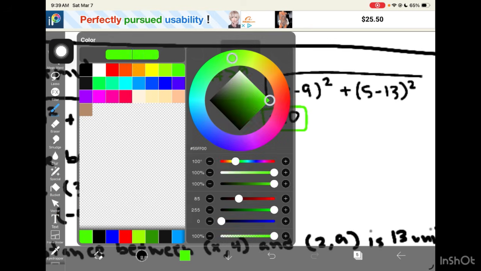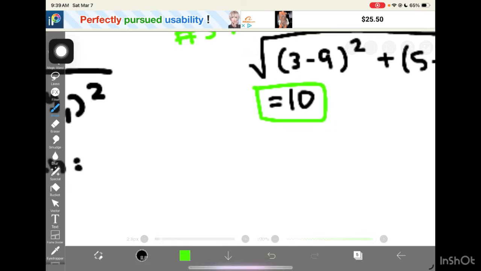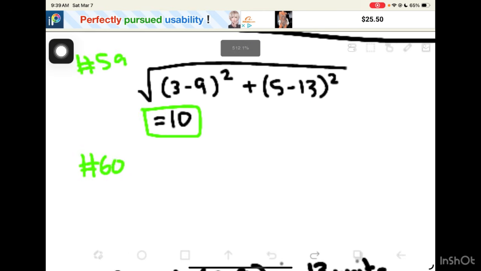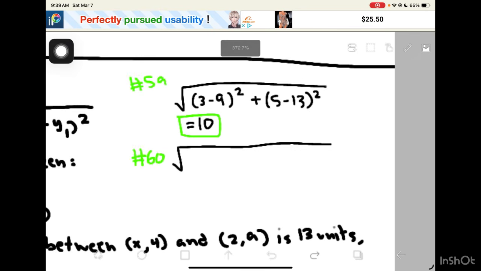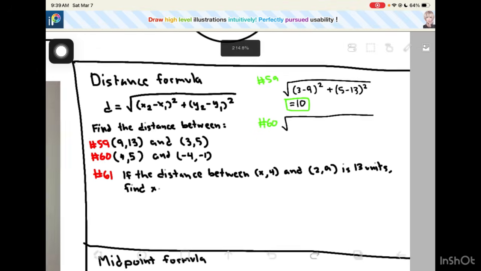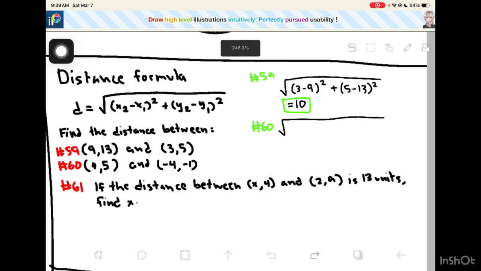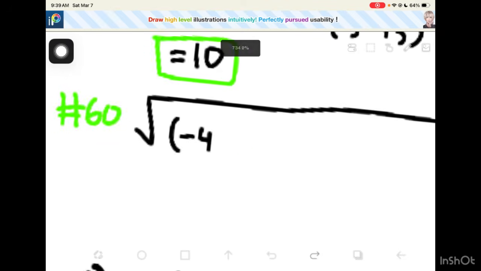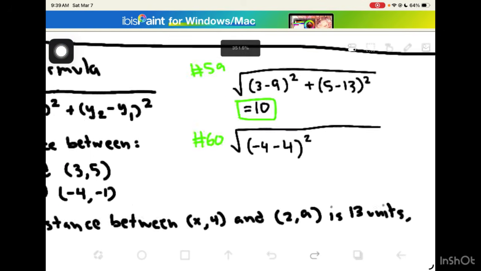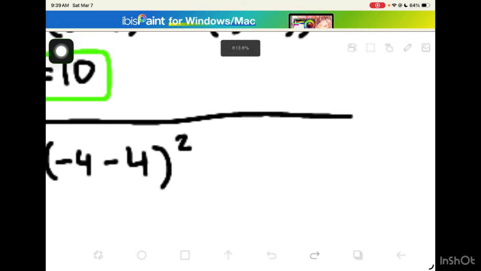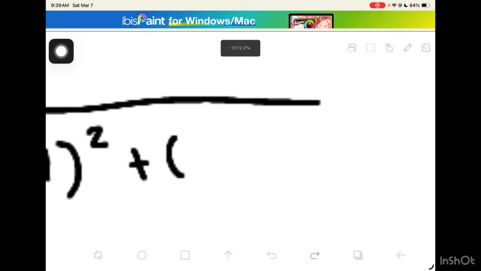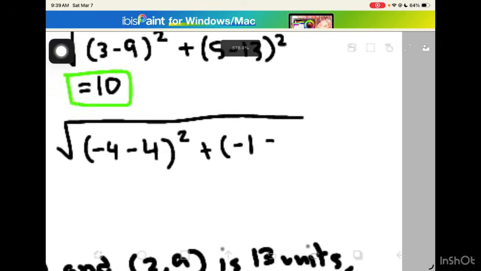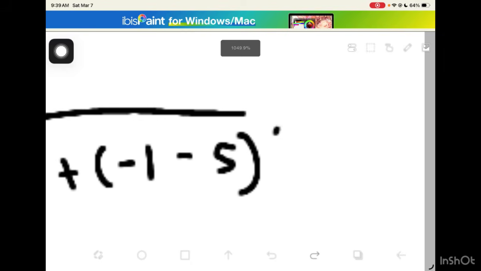Same thing with number 60. It's very repetitive actually. There's not much we can do here other than just practice doing it. But then again, it's just substituting numbers, and once you get the hang of it, you can do it almost mentally. So let's do the same logic again. Negative 4, so that's x sub 2 minus x sub 1, minus 4 squared, and then plus negative 1 minus 5 squared.